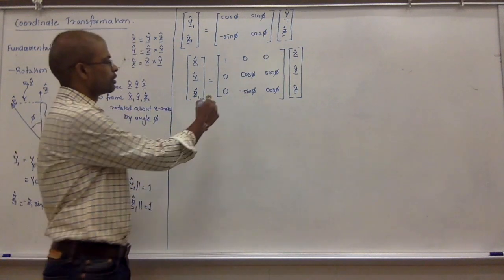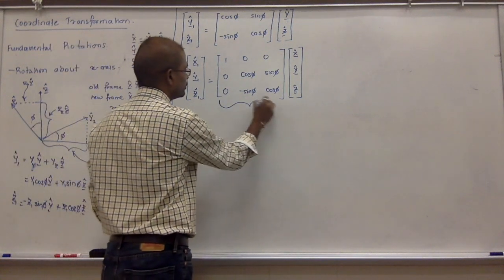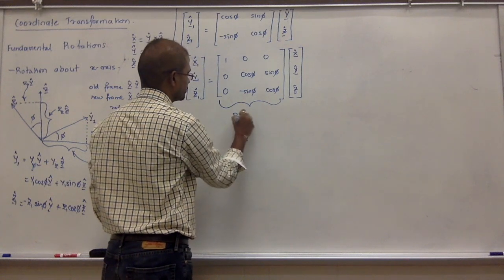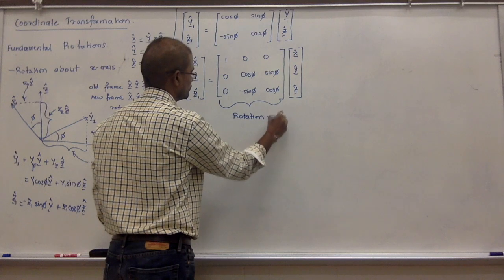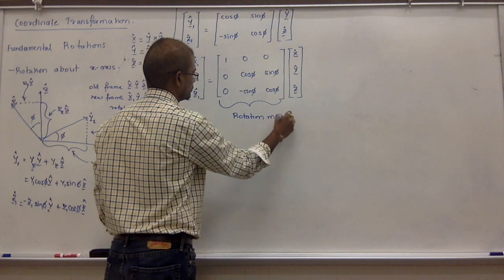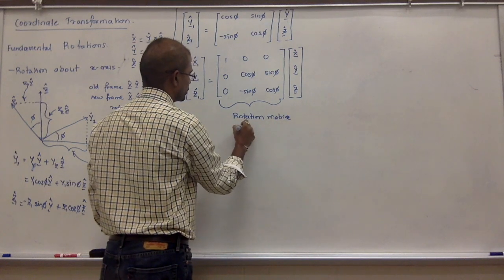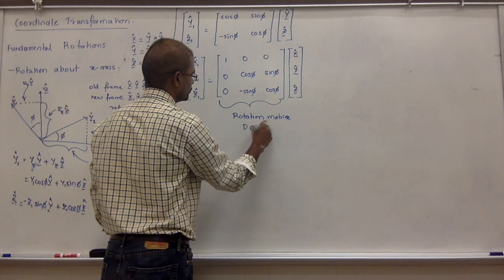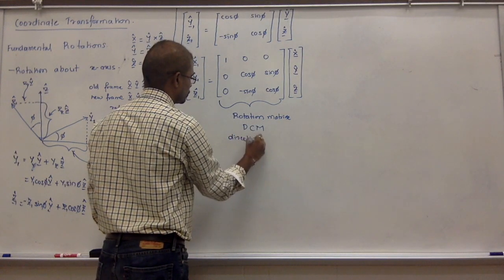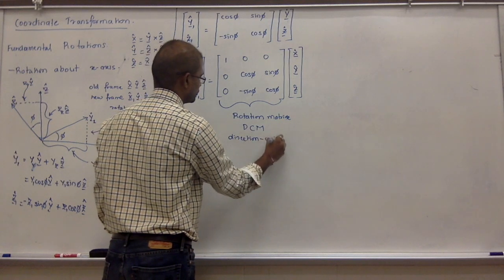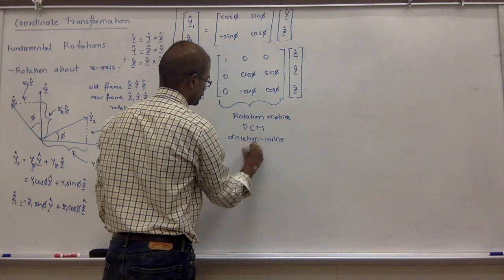So this is called the rotation matrix, or DCM, direction cosine matrix.